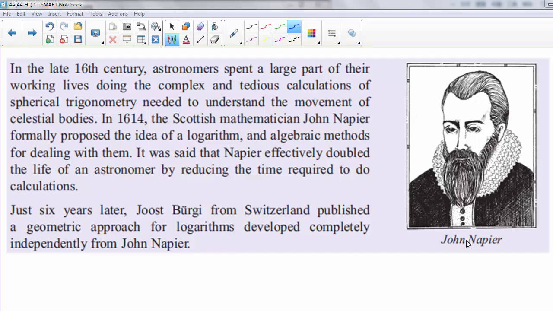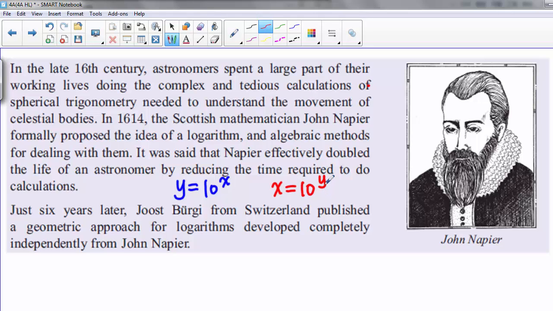Of course, John Napier proposed a logarithm when he was looking for the inverse function of y equals 10 to the power of x. We know this one in part 1 already. When we want to find the inverse, we interchange x and y.